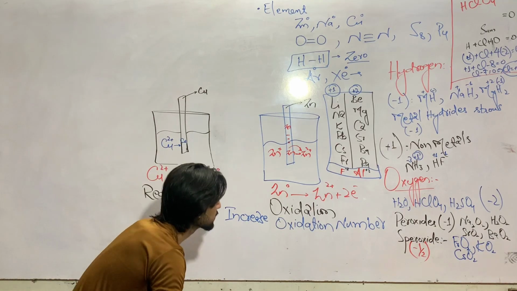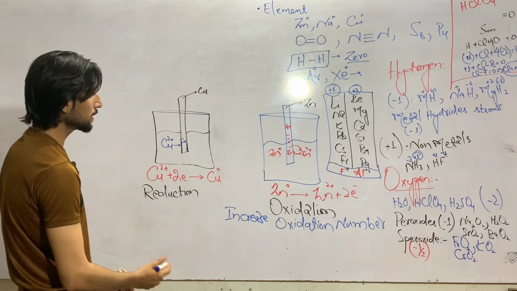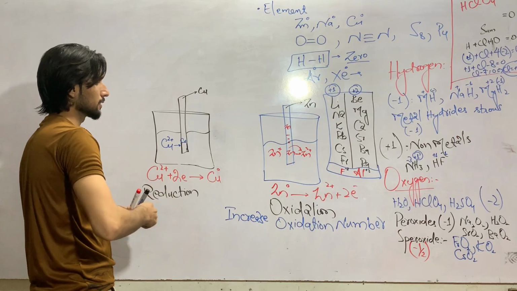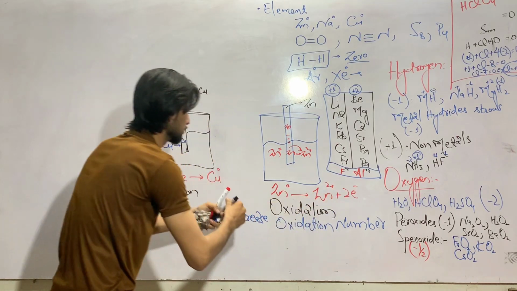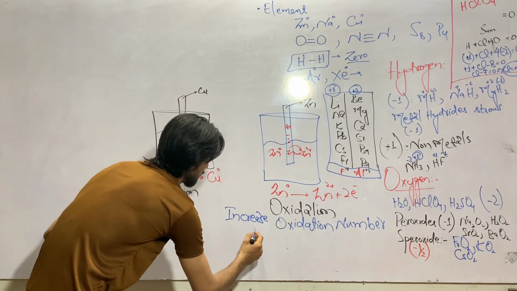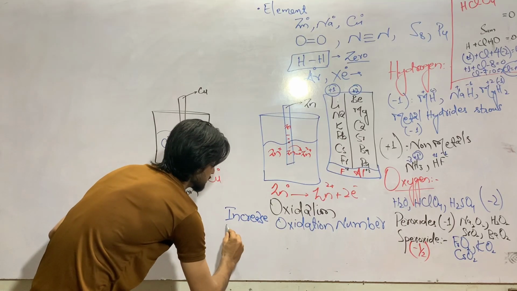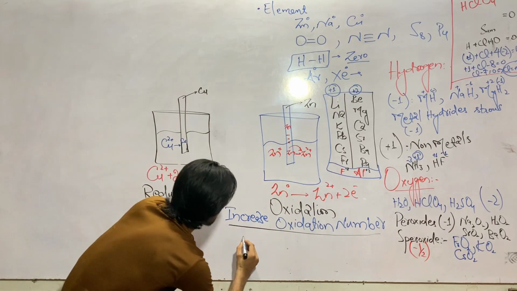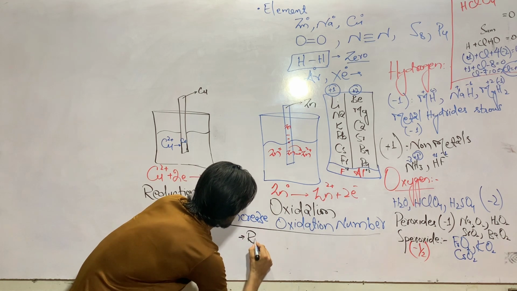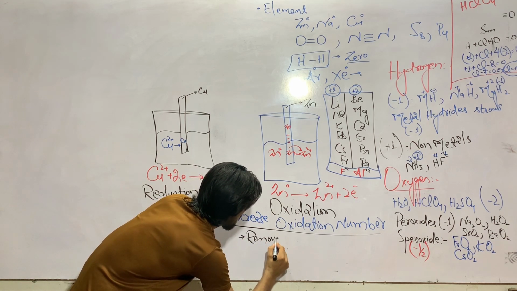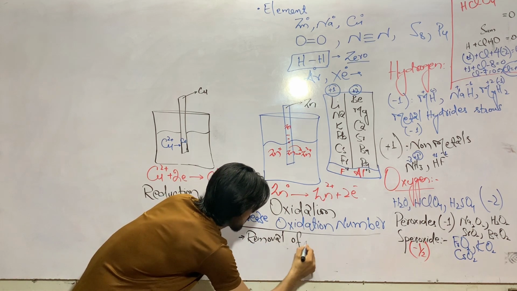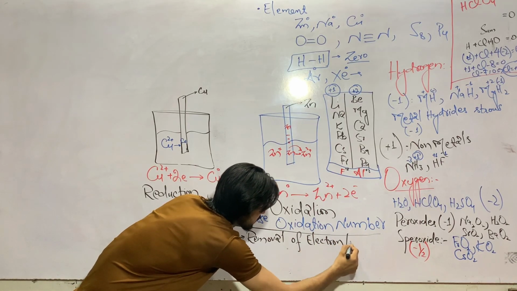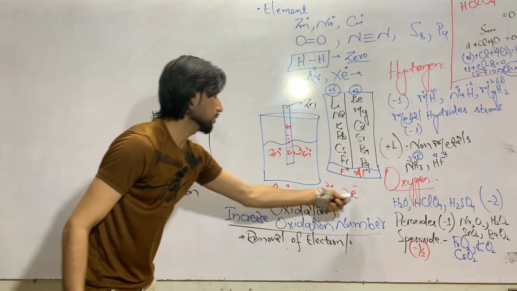Now, the increase in oxidation number could be brought about by different means. One is over here: the loss of electrons. Increase in oxidation number is called oxidation, and it could be brought about by removal of electrons.